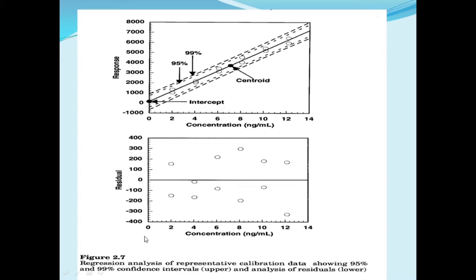In this figure 2.7, regression analysis of representative calibration data showing 95% and 99% confidence intervals is shown in the upper part, and analysis of residuals, that is the lower part. This is the analysis of residuals in the lower figure, and the regression analysis of representative calibration data showing 95% and 99% confidence intervals is shown in that figure.